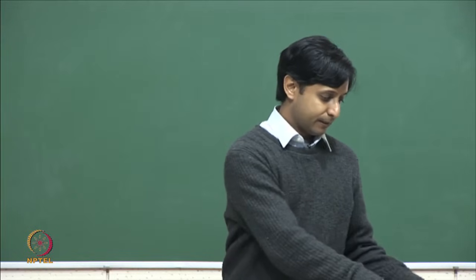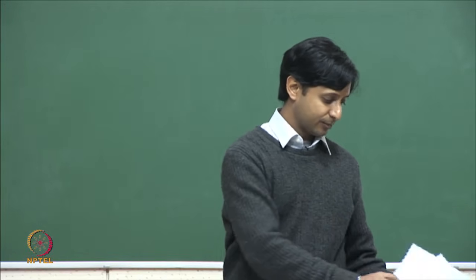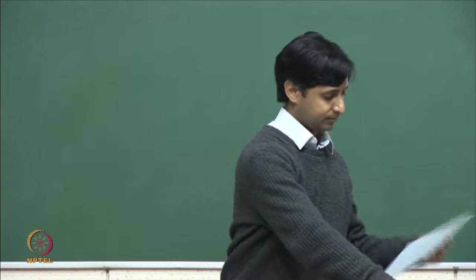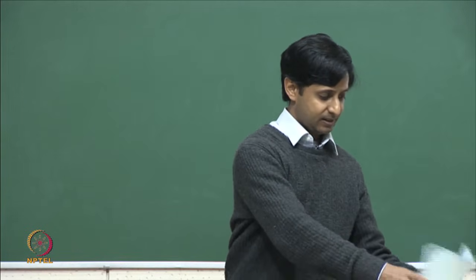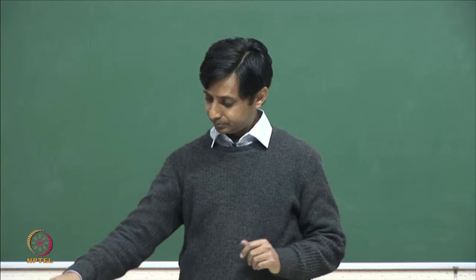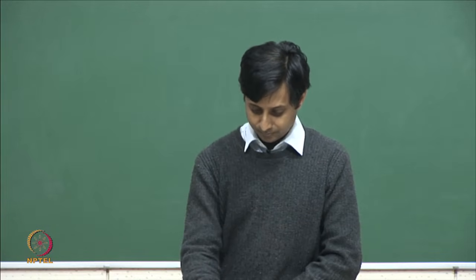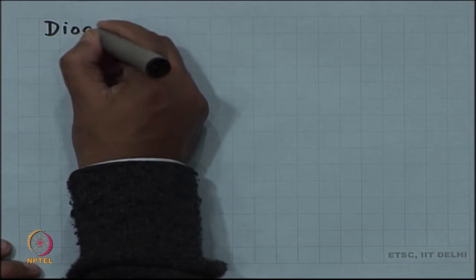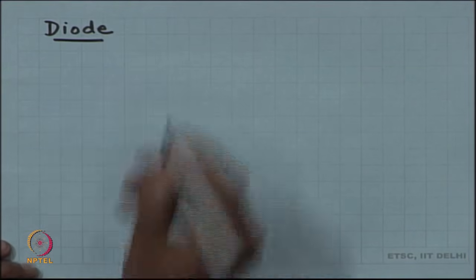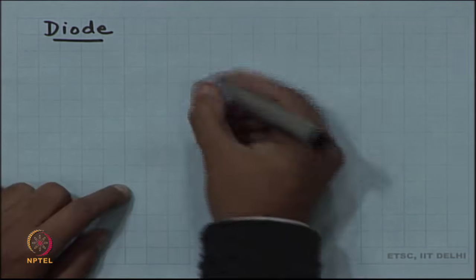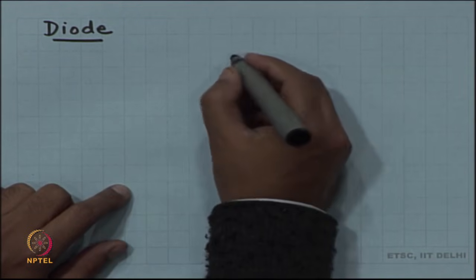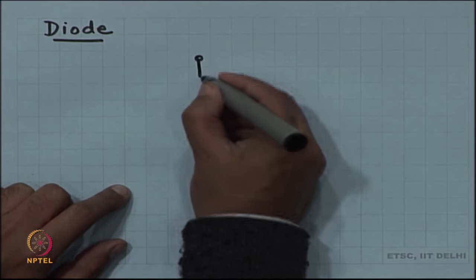So, the first circuit element that we are going to study in this course is the diode. And we will start from the symbol of the diode.